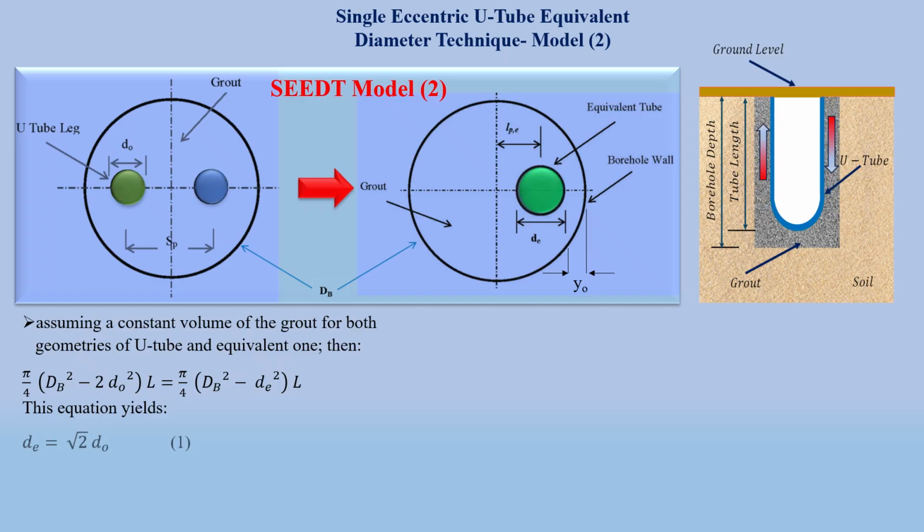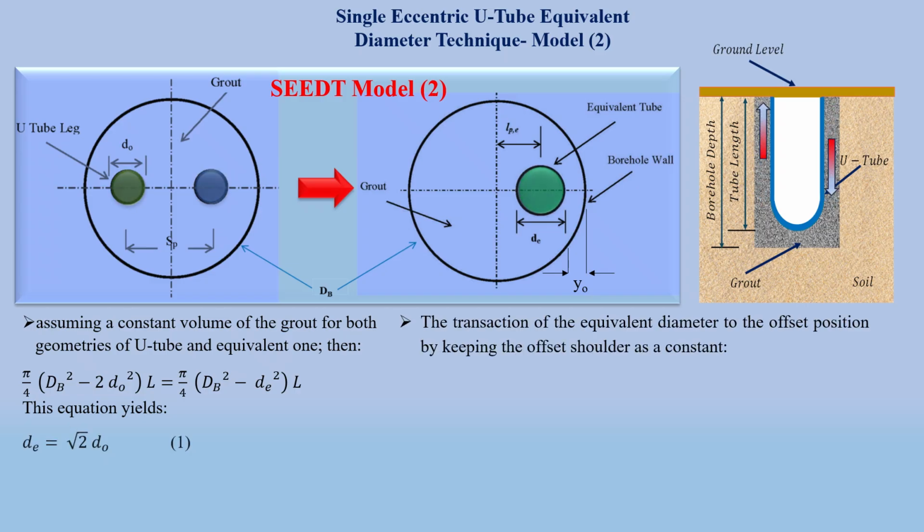The second step in this model, I will transfer this equivalent diameter to a position in the borehole where we keep the offset distance and the shoulder between the external surface of this tube and the borehole diameter fixed.